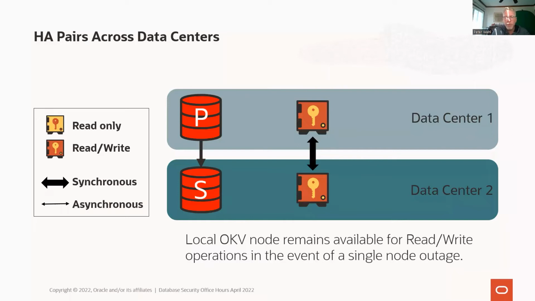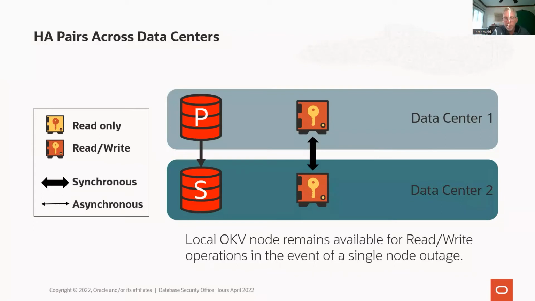So if your primary databases are in data center 1, your standby database is in data center 2, then we want OKV deployed in parallel to your Data Guard setup. Now, a 2-node OKV cluster gives you continuous read availability, because we can only remain read-write for the time that we have both nodes available.